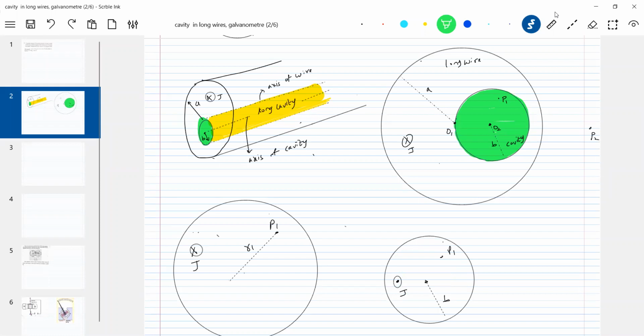Now let's come to the mathematics. Use the basic formula. How should the B bar vector be? It should be in this direction. This should be B1 bar. What about here? B bar should be in this direction, and let this be R2 bar.